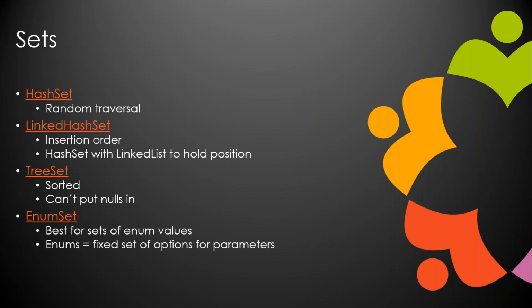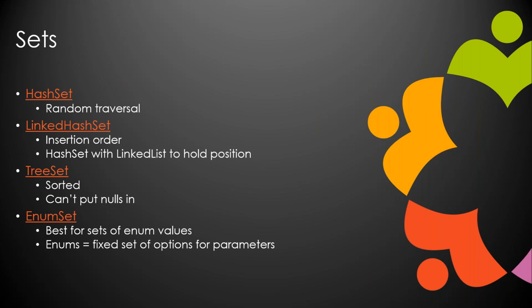And sets, there are 4 types of sets that I commonly use. HashSet is the basic type of set, just for randomly accessing individual elements out of it. And it stores them based upon the hash of the value.